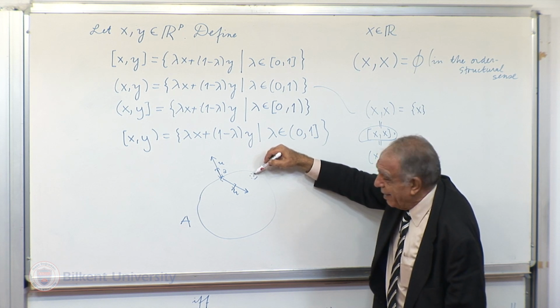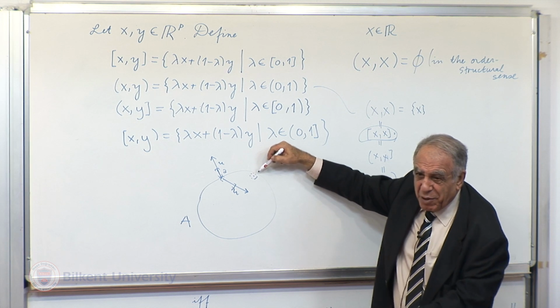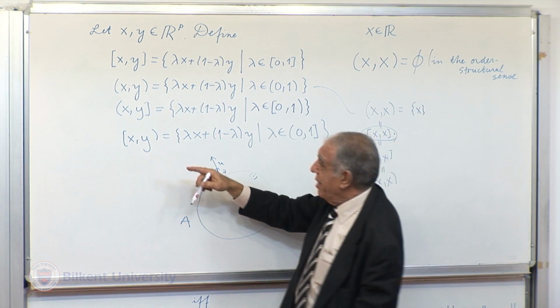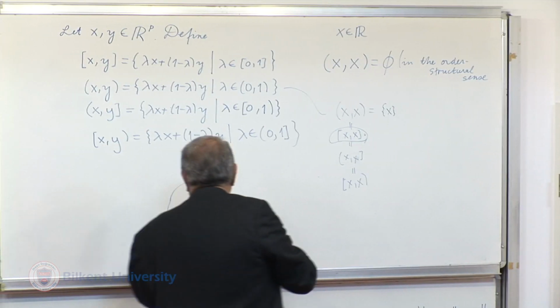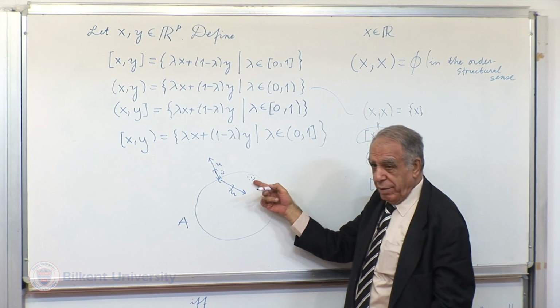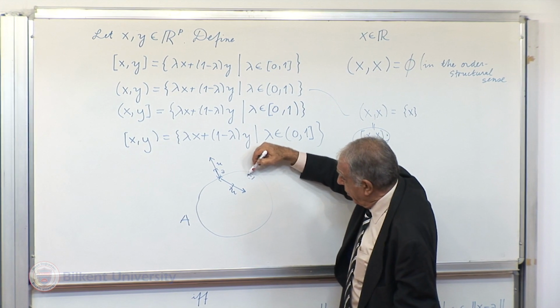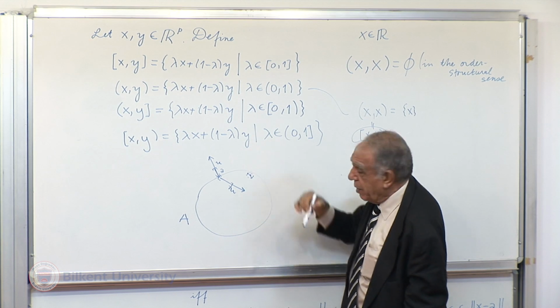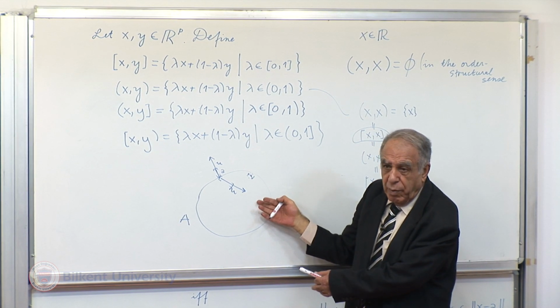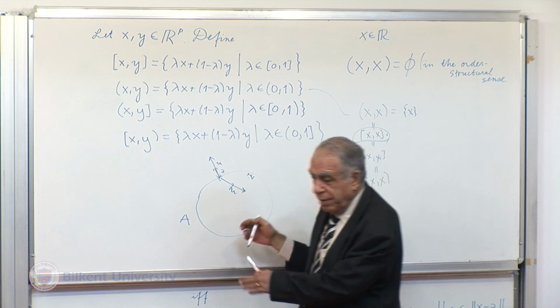Let's take a delta half ball about this, because this will be in the set. If you take any U, the line segments you will get will be like this, and they all will stay within the set.